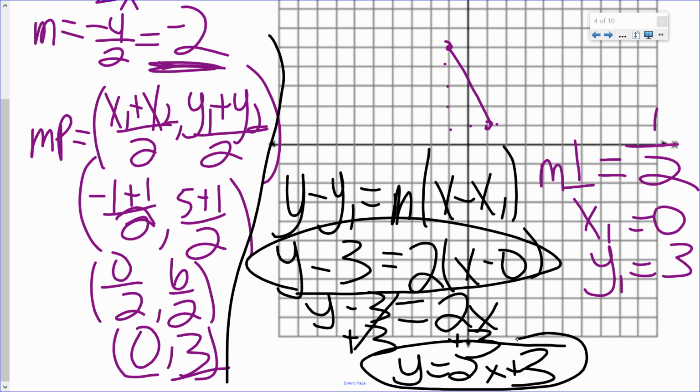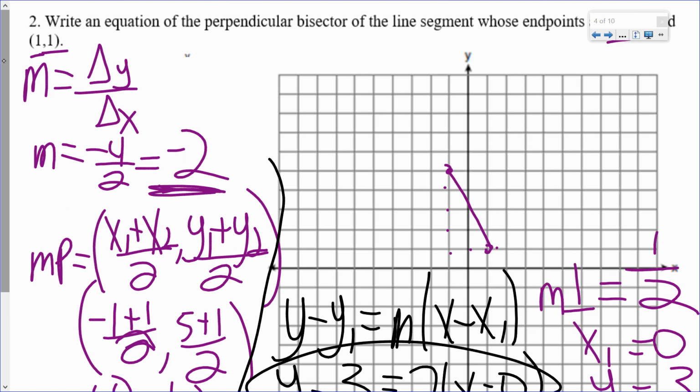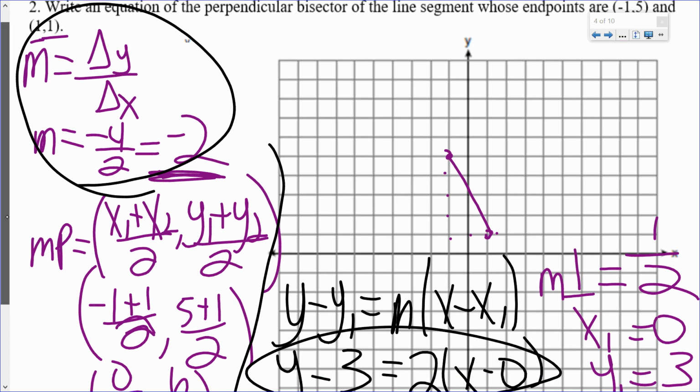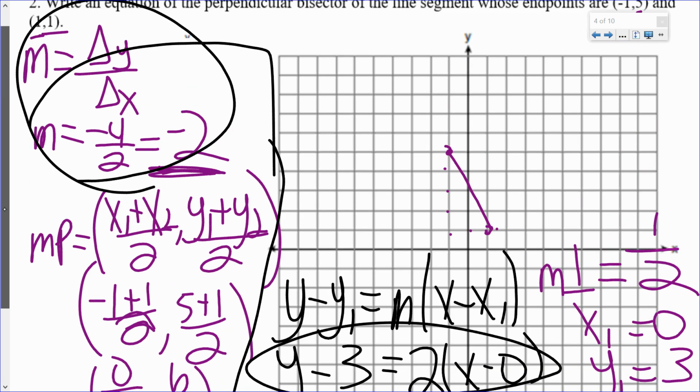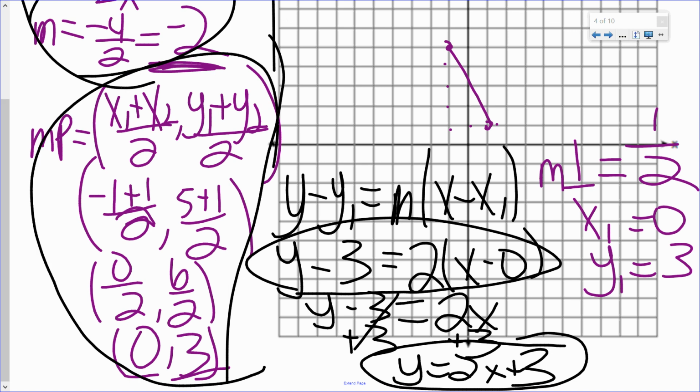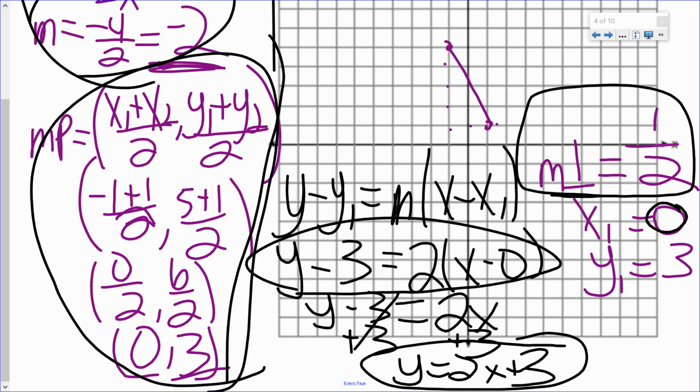So again, find the slope using slope formula. Find the midpoint using midpoint formula. Take the negative reciprocal of your slope because a perpendicular line has negative reciprocal slopes. Use the coordinates of the midpoint as x1 and y1 and substitute those into point slope formula.